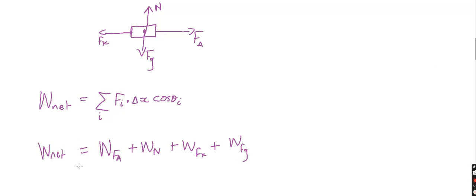Sometimes we might want to resolve the net force on its own, F net. If you remember very well, we find F net by looking at the sum of all forces. So we might want to resolve F net on its own and end up writing this formula as the net force times delta x.